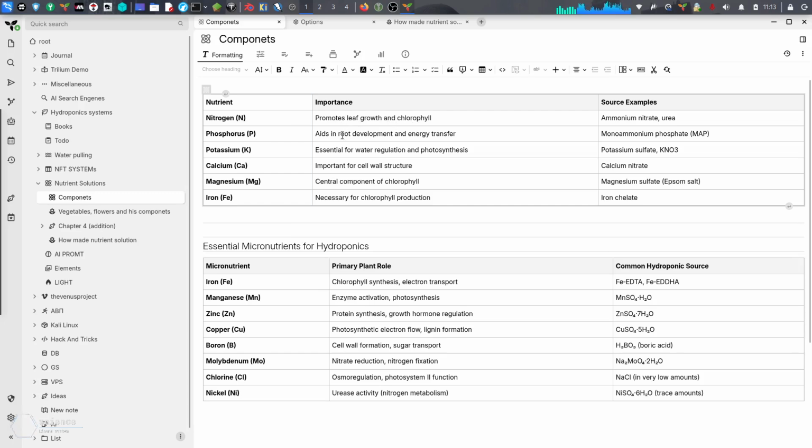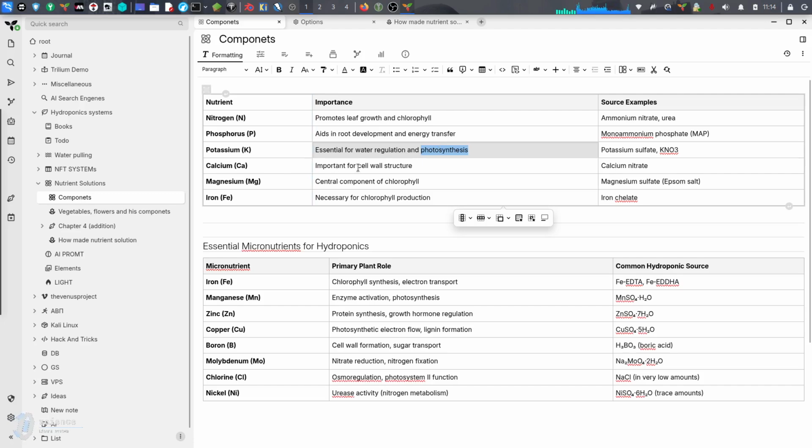Phosphorus aids in root development and energy transfer. Potassium essential for water regulation and photosynthesis. Photosynthesis is a process when light affects the leaves and roots get minerals. I don't remember. This can be not correct.